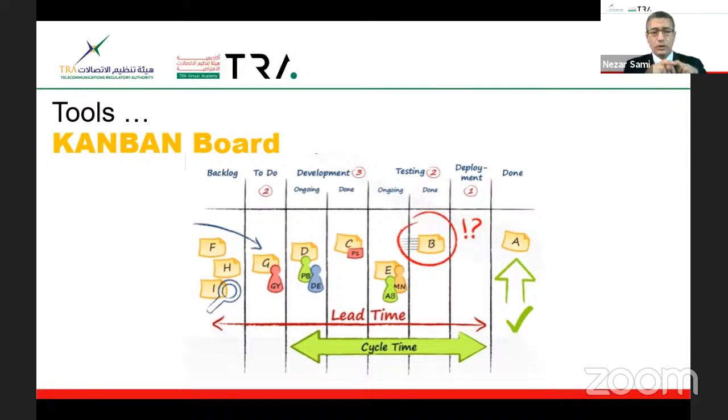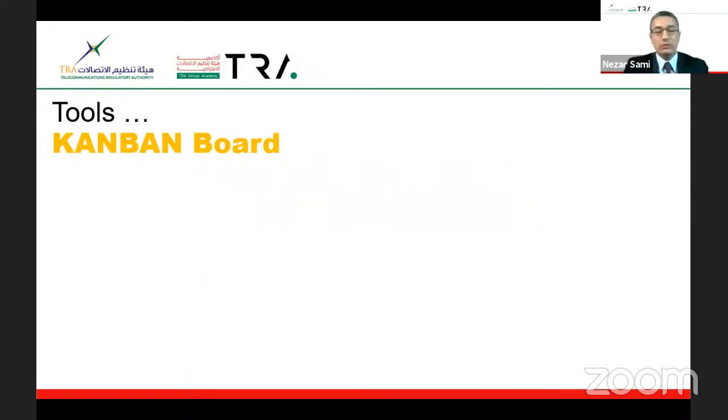So you can see where I am right now, where the question mark is. If there is any leakage in the system or any problem, then you can think of a corrective action at the moment to reach the ultimate goal, which is the final product in place. So the Kanban is a nice tool.